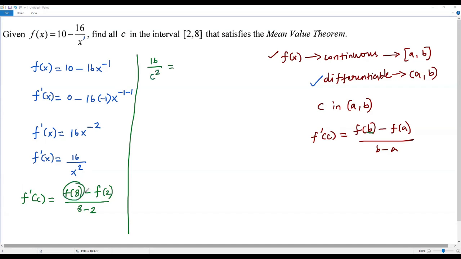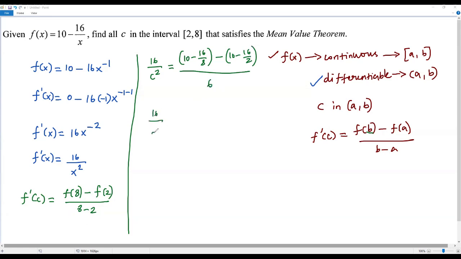To get the value of f of 8, I have to plug in x equals 8 into the given function, because here we have f of x, and at the place of x we have 8. Then I'm getting 10 minus 16 over 8, minus, to get f of 2, the same thing, plug in x equals 2 into the given function, 10 minus 16 over 2, divided by 8 minus 2, which is 6.